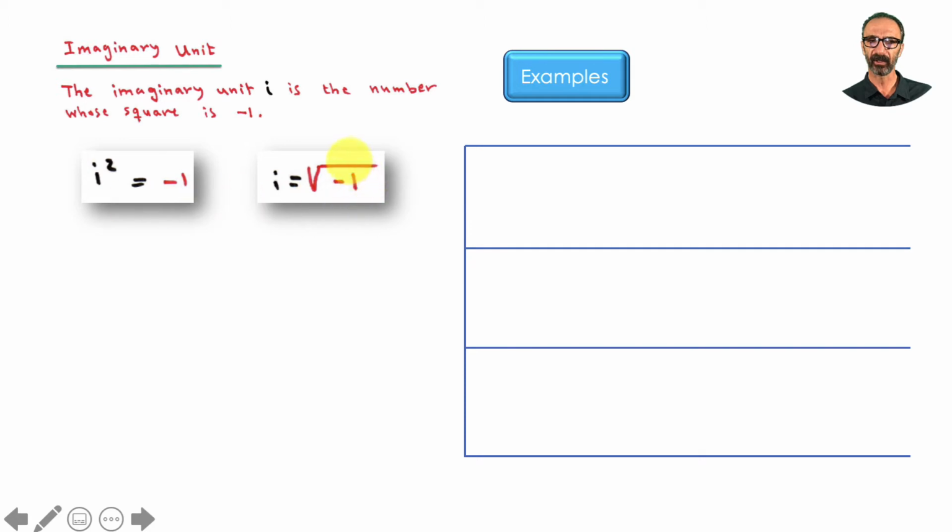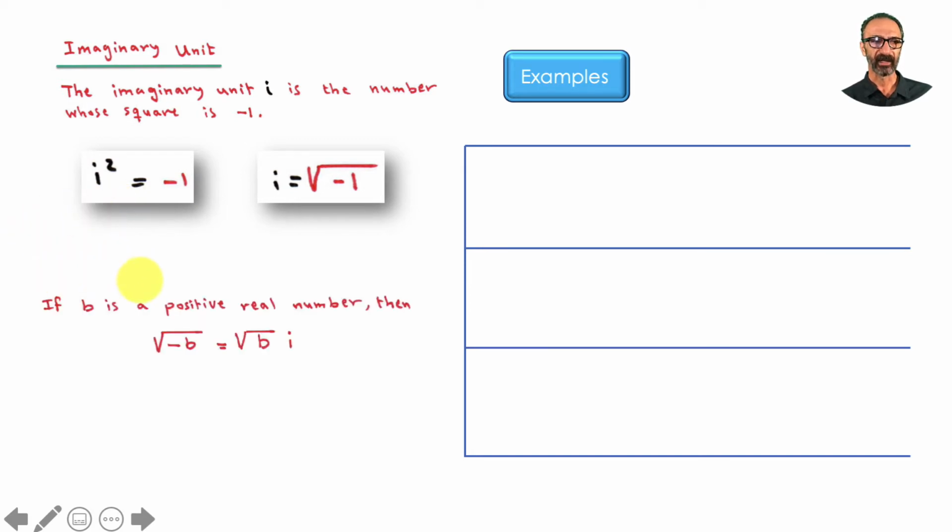So when we are stuck with this, we just gave it the letter i, as in imaginary, and we move on with algebra skills and we solve the problems. So if you square both sides, it's i squared equals negative 1. So the imaginary unit i is the number whose square is negative 1.